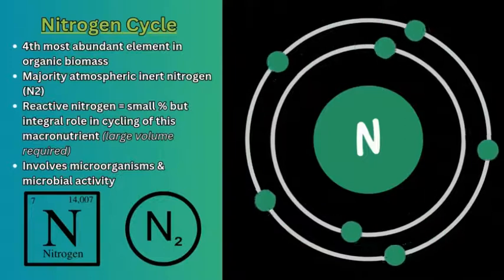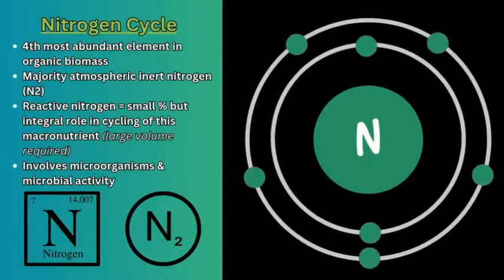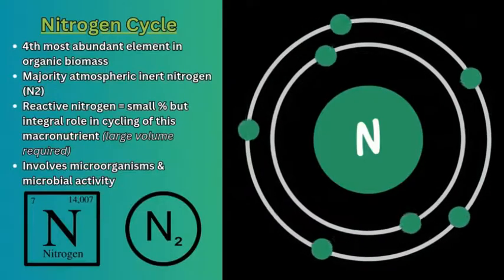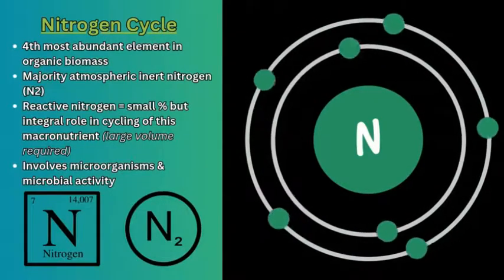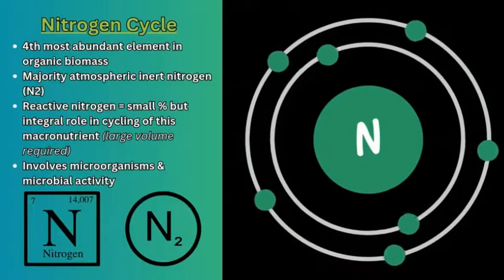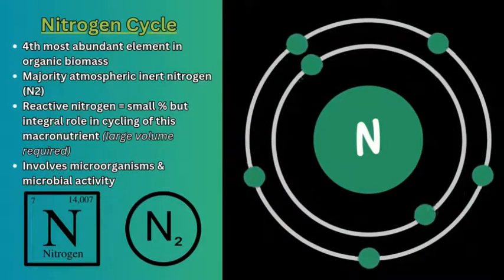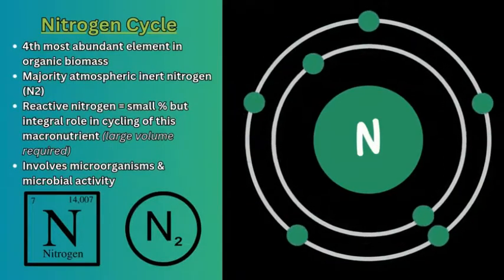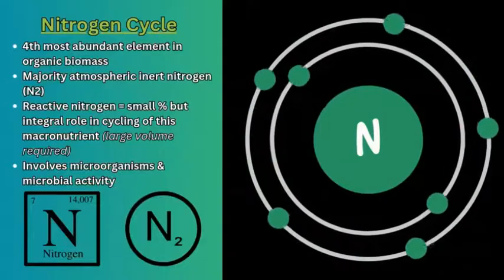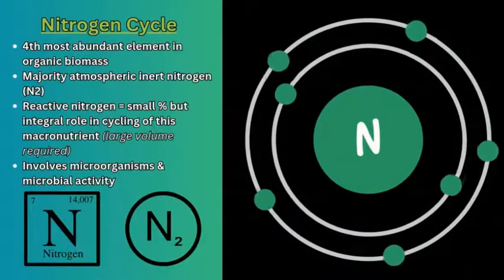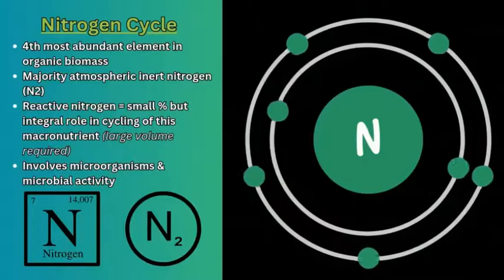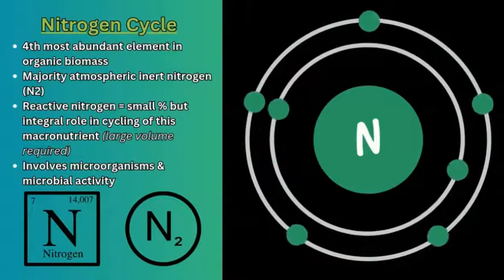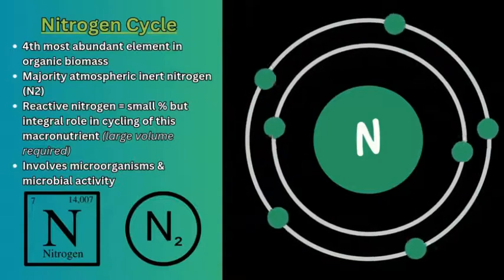So this element is going through different changes throughout the cycle, chemically, through different areas of the planet, mostly involving microorganisms and microbial activity when it gets into the soil, and how it is converted and changed into different nitrogen compounds involving oxygen, carbon and hydrogen. This element is fantastic in terms of its importance for life and how it cycles through our planet.